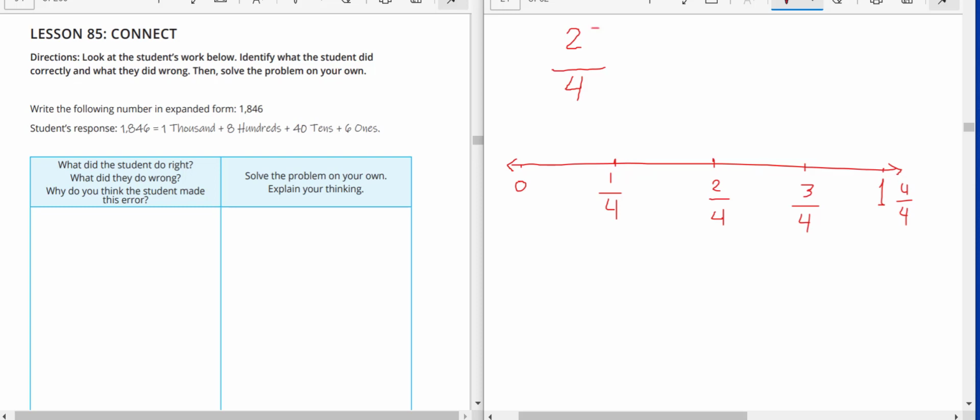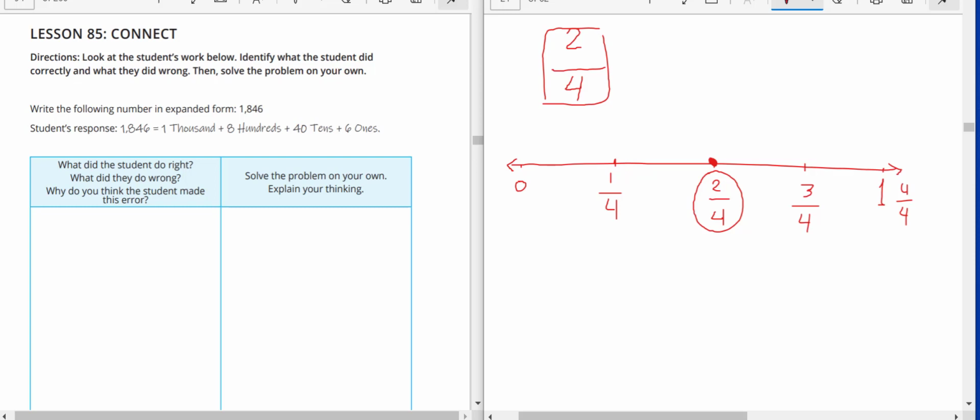Represent this proper fraction on this number line: 2 over 4. This is it on the number line.